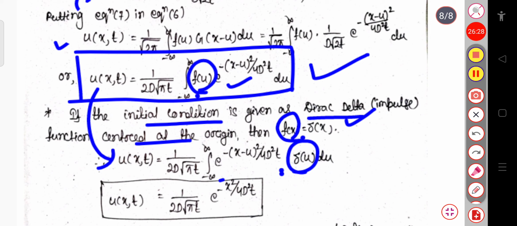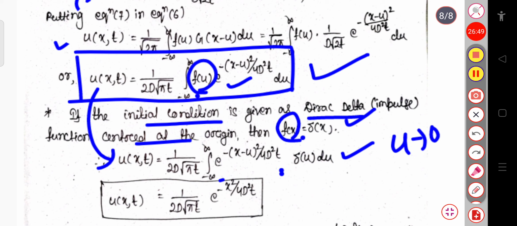Okay, suppose the Dirac delta function is given in place of the function f of u. Again this du, and we know that when u tends to 0, this integration of delta u du over minus infinite to plus infinite has value equal to 1.